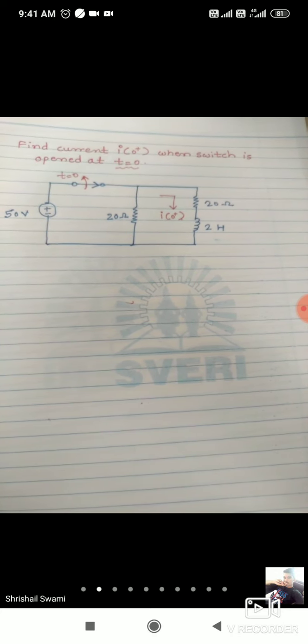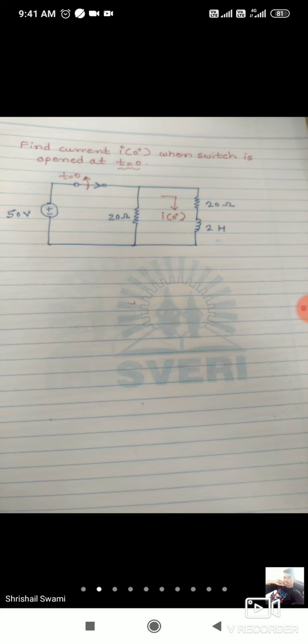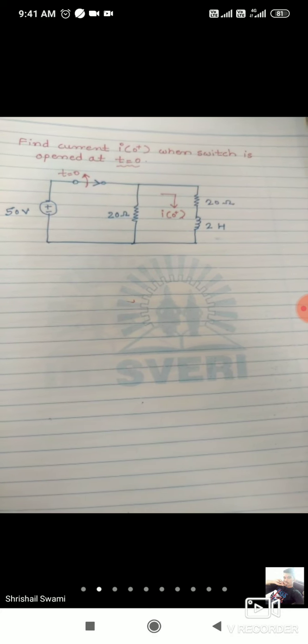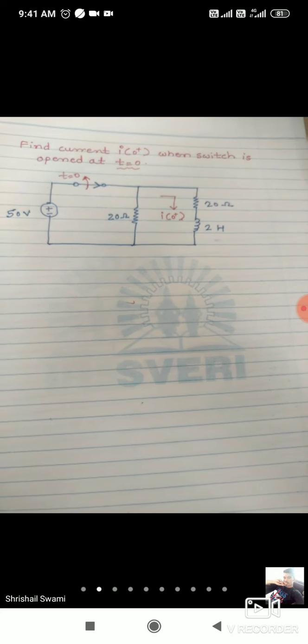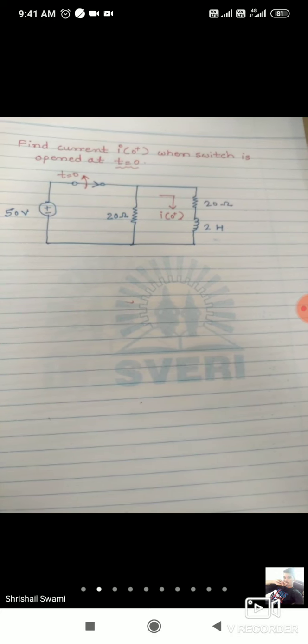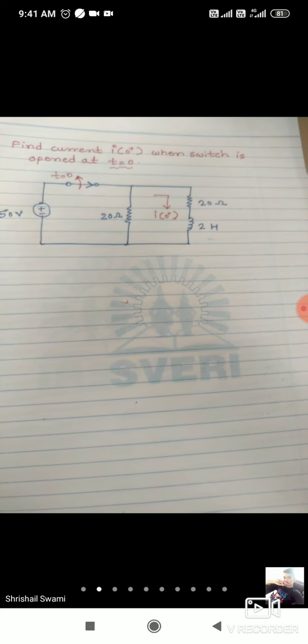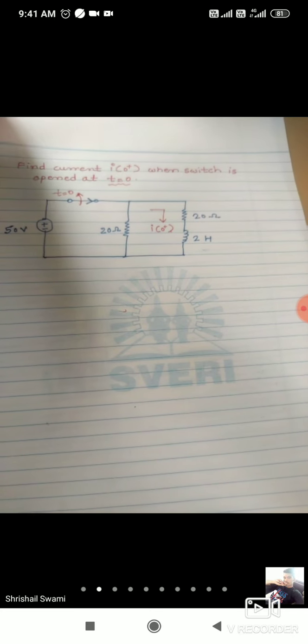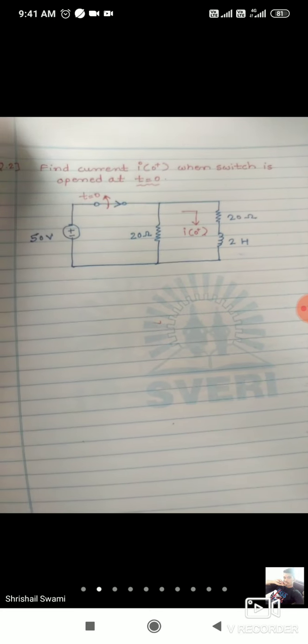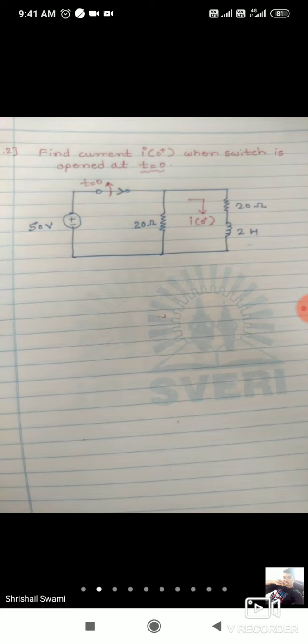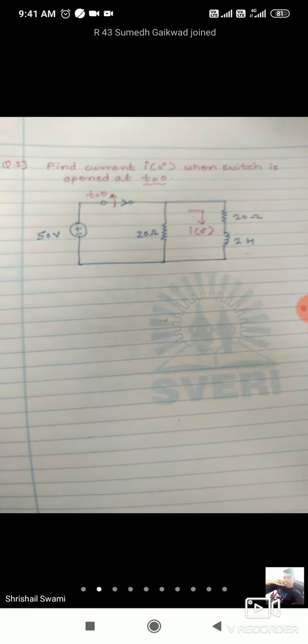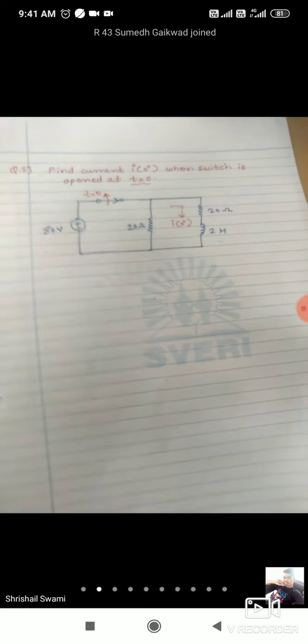So in such a problem where multiple resistors are there, how to solve the problems based on RL, RLC and RC? There are some steps. First we can understand those steps and then we will solve this type of problem. So before we solve this, we are going to understand the procedure.